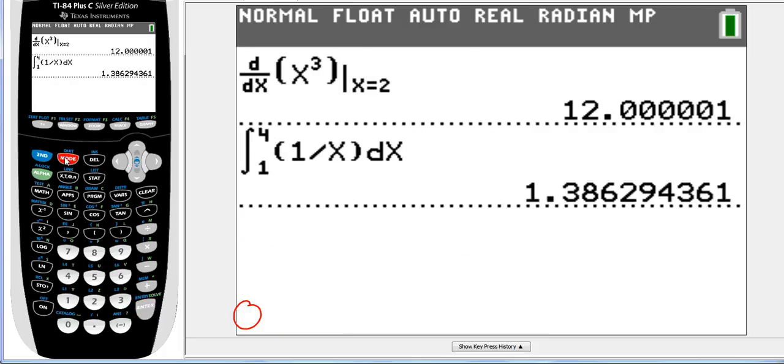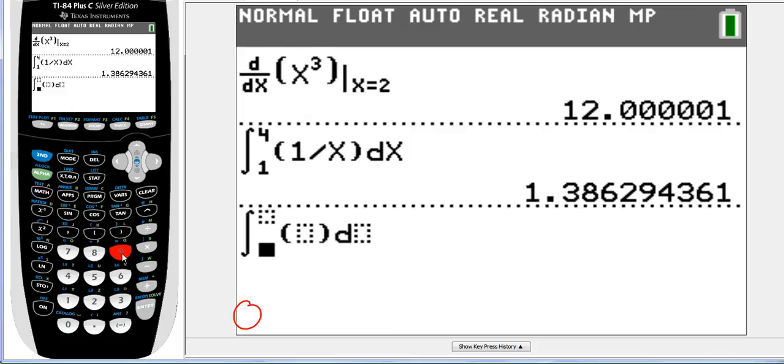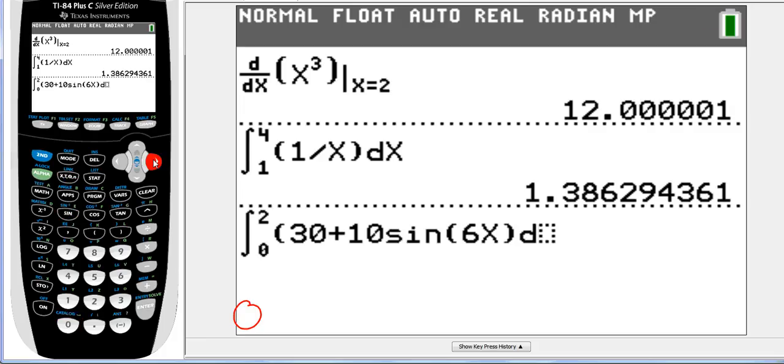Again, I'm trying to do an integral because that is what I do when I want to find how far an object moves. Okay, which is also finding the area under a curve. So I'm going to do math. Number 9, I'm going from 0 hours up to 2 hours of the function 30 plus 10 sine at 6x. And since I used x for my variable, it will be dx.